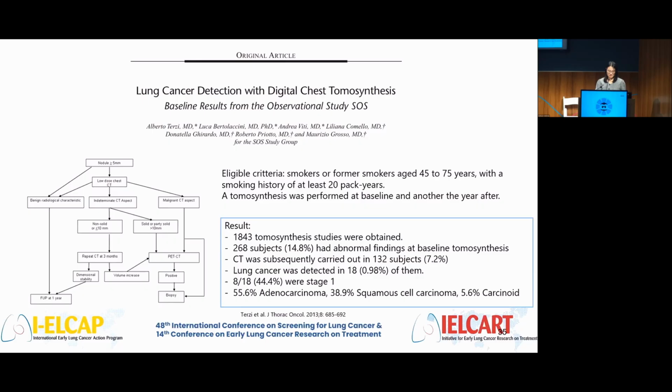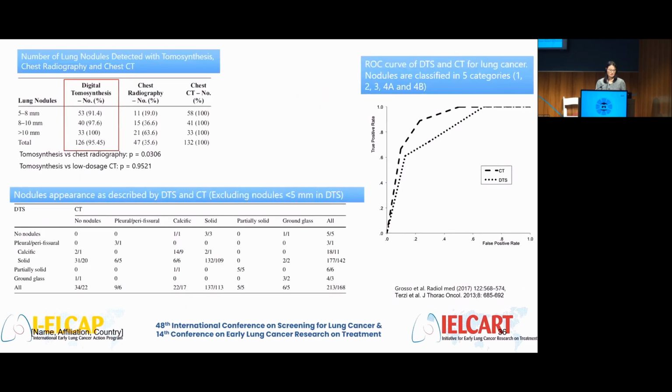However, the stage 1 lung cancer rate is quite low compared to NELSON, and in NLST it's just 44.4%. Adenocarcinoma is 54%, 5%, and squamous cell 39%.